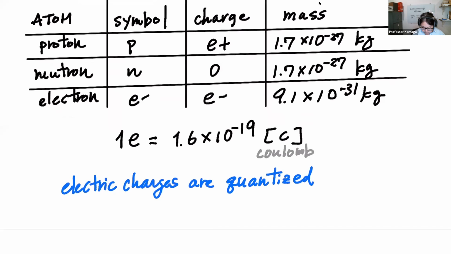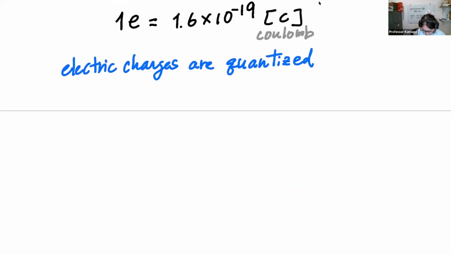Means that you have 1 electron. That means that you have 1.6 times 10 to the minus 19 coulomb, it could be 1 excess electron or 1 deficiency of electron. Then you're going to have 1.6 times 10 to the minus 19 coulomb more, positive or negative, depending on excess or deficiency.